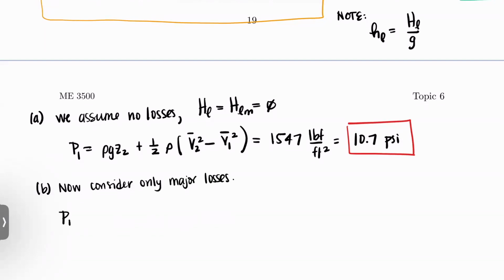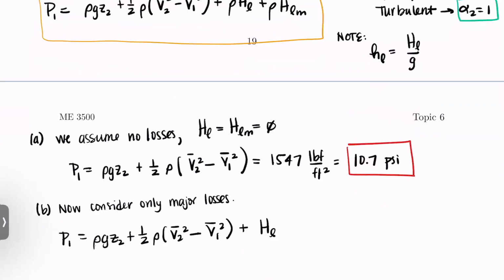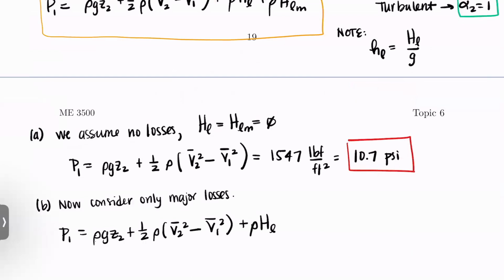So here we're going to have P1 is equal to rho GZ2 plus 1/2 rho V2 squared over V1 squared plus HL times rho. Okay, so these major losses are just straight section of pipe losses.